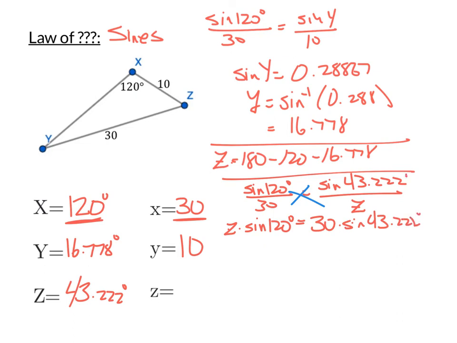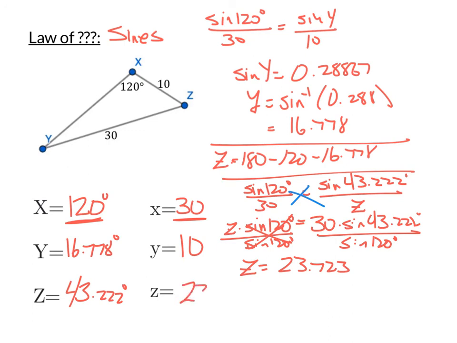Then we have to divide both sides by that sine of 120 to get z alone. When we calculate all of that, we'll get that z is 23.723. And nothing else to do. That's not an angle measure or anything like that. So we check the longest side is paired with the longest angle and the shortest side paired with the shortest angle. So there is our solution.